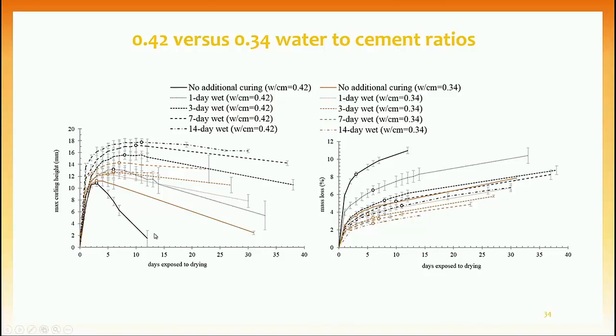So, as you can see, the samples that had no curing for both water to cement ratios had a very similar maximum amount of curling, although their mass loss was very different.